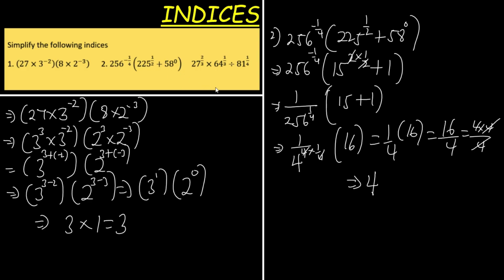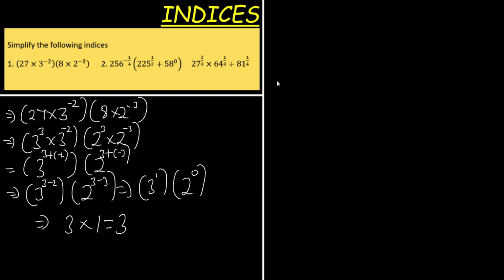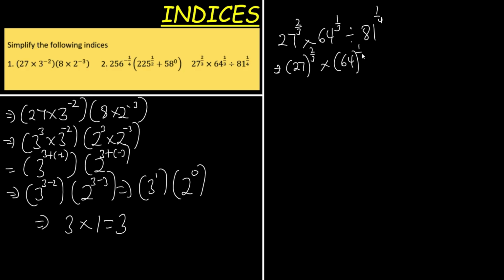Let's consider the next one. Now in the next one, we have 27 raised to the power 2 over 3 times 64 raised to the power 1 over 3, divided by 81 raised to the power 1 over 4. Now over here, let's put them in brackets. So (27) raised to the power 2 over 3 times (64) raised to the power 1 over 3, divided by (81) raised to the power 1 over 4.